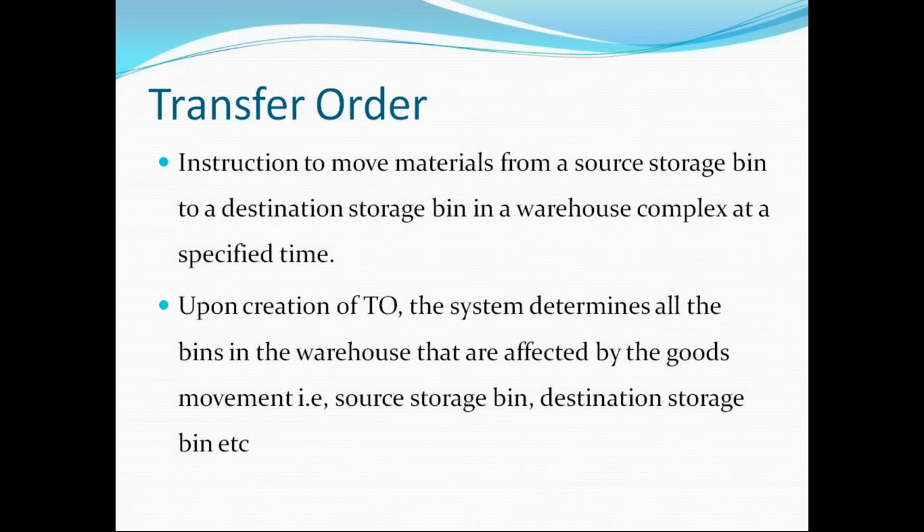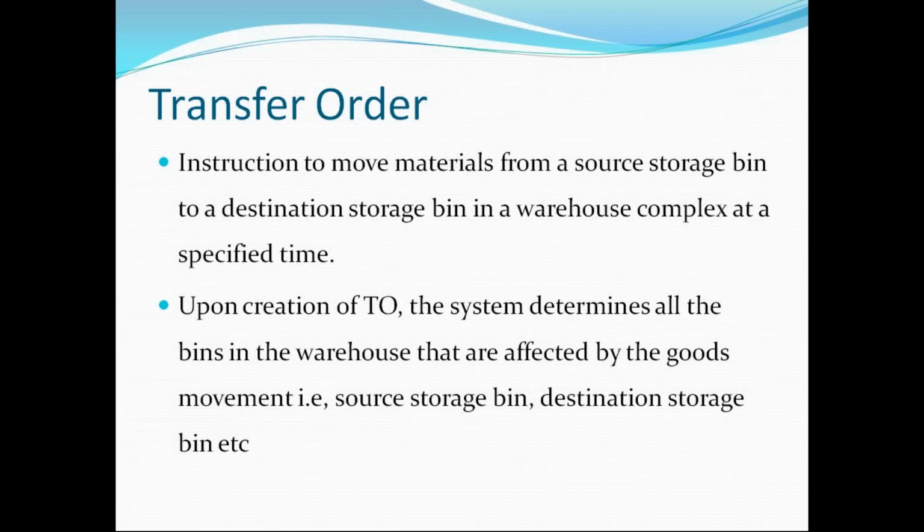So in a nutshell, a transfer order can be created in three ways. One is manually by using the transaction codes. Second one is immediate. In immediate, the system will try to create the transfer order after the previous posting in warehouse management is completed. That configuration is present in SPRO, Logistics Execution, Warehouse Management, Interfaces, in the table that links warehouse management and the reference movement type, where there is a selection box to define the immediate TO creation.